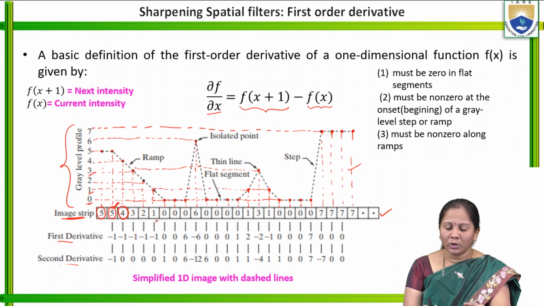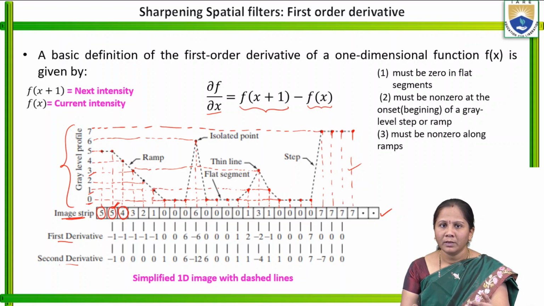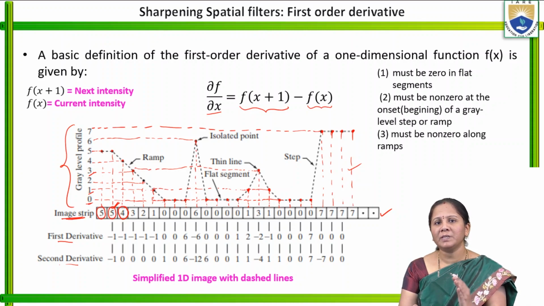Similarly, whatever the value you consider, that will be the current value. For that current value, we have to represent with the function f of x. The value that is present prior to the current value is called previous intensity level, which is represented as f of x minus 1.